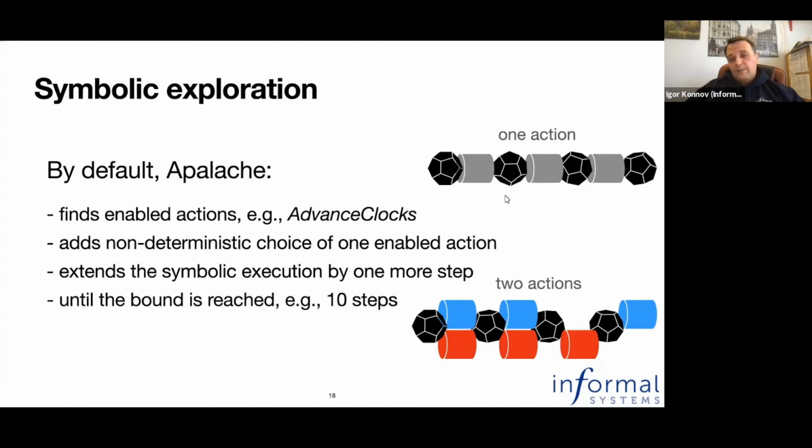So just to give you some intuition about symbolic states, because it's always a question of what symbolic execution is about and what symbolic states are about, here is a picture. Basically, you have these balls or these complicated geometric shapes. They describe a set of states. Then you have this cylinder, which is a symbolic transition or an action in TLA+. It computes another ball, and so on.